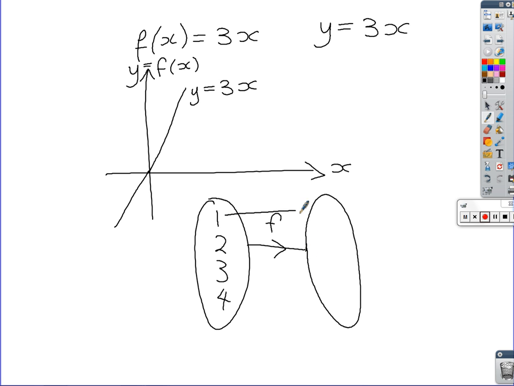So 1 corresponds to 3, 2 corresponds to 6, and 3 maps to 9, 4 maps to 12. So it connects all of the numbers in to all of the numbers out. The numbers in are called the domain, and the numbers out are called the range.